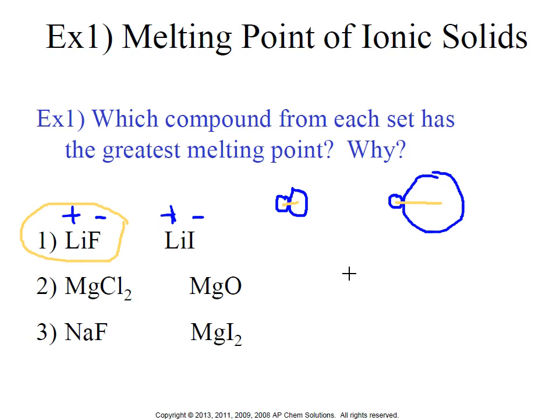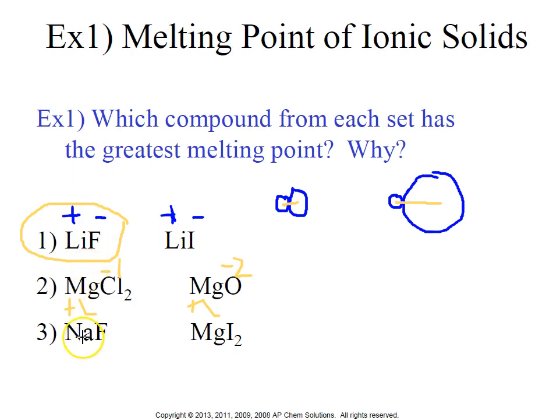Okay, so let's look at number 2. We have magnesium chloride versus magnesium oxide. The first thing we want to do is look at the charges. We know that magnesium has a +2 charge, and we know that each chloride has a -1, while each oxide has a -2.